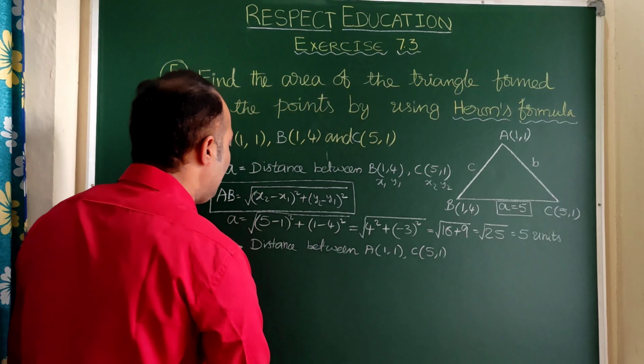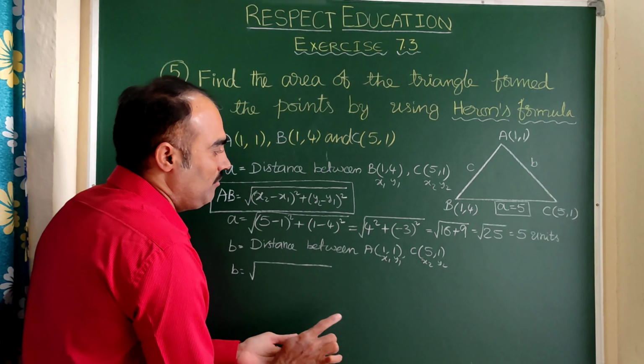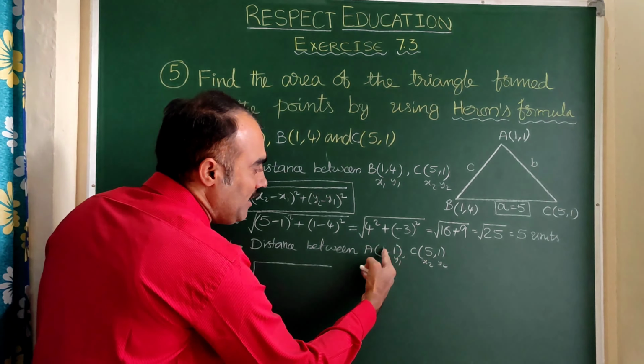So here small b is equal to under root. Now in this case, let us label A as x1, y1, C as x2, y2. x2 minus x1 means here you see 5 minus 1, 5 minus 1 whole square plus 1 minus 1 whole square.